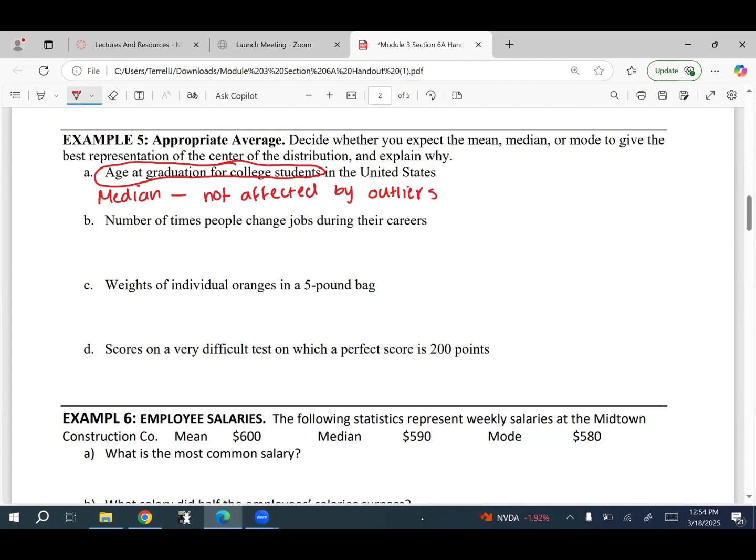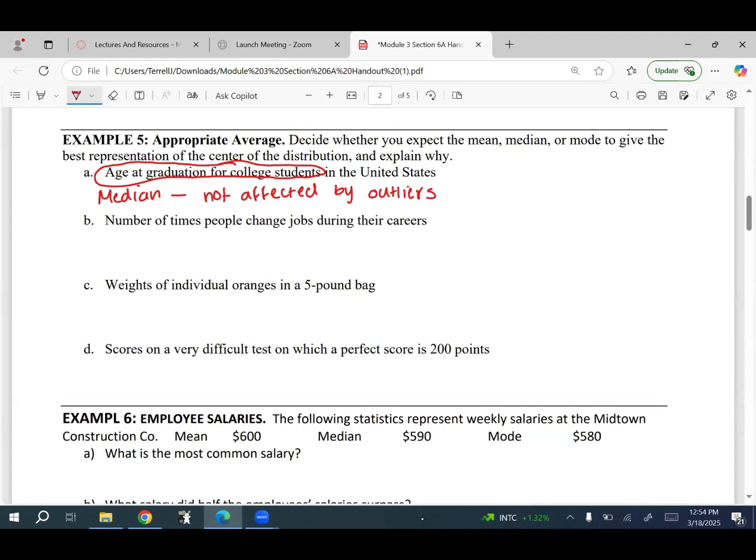And we just described what some potential outliers could be, non-traditional students that are going back to college or dual enrolled students. And because that is common at a college graduation, you want a measure of center that best represents and would not be affected by those outliers, and that would be the median.